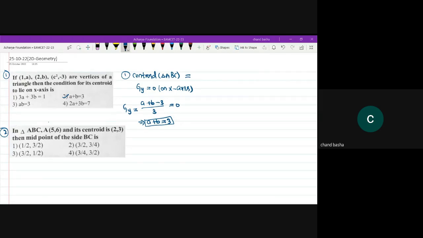Anybody else, please make it fast. The question is so simple, you have to understand. Again, Samina. Yes, sir. It's the first option, sir. Ananya, Anuradha, Anvesh.